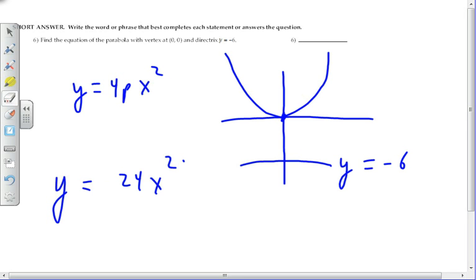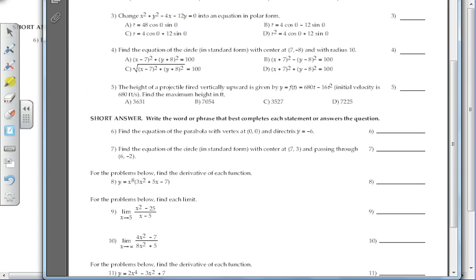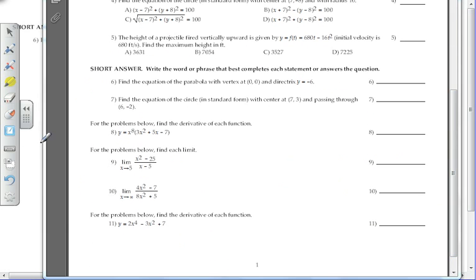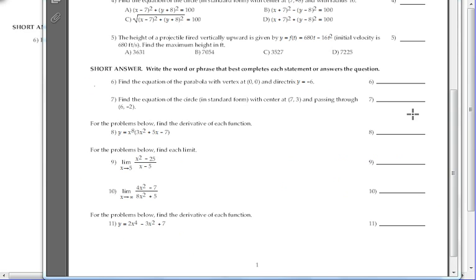So the focus would be up there at 0, 6. So 4px squared, where p comes from where the focus is. Otherwise, I'd be pointed the wrong way. Okay, that was easy. Of course, I missed it, but other than that, good recovery.